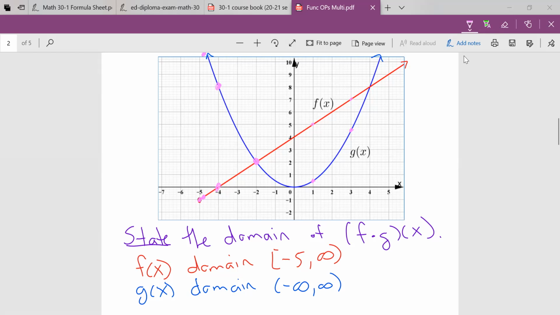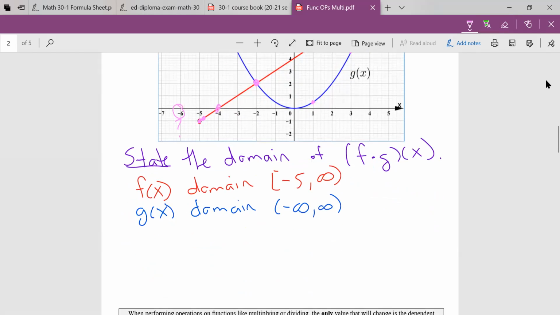But I can't multiply the y values together when x is -6, because why? Well, there is no x equals -6 on the linear function. It doesn't exist. So what will my new domain be? Well, my domain can only be where both of these graphs exist, where they coexist.